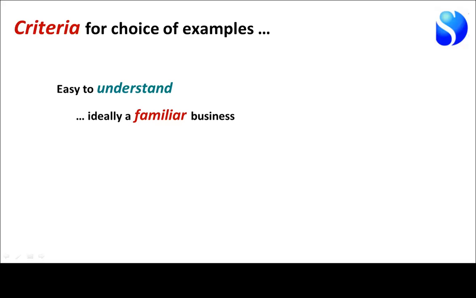So, some criteria I use for choosing examples in courses, or if I'm going to do a class for a company training program, for example. These are the kinds of criteria that I just go through, a little checklist in my mind. The first one is, and there's some tension here, it is important that the examples you use are easy to understand.